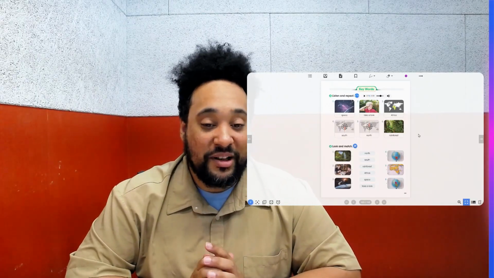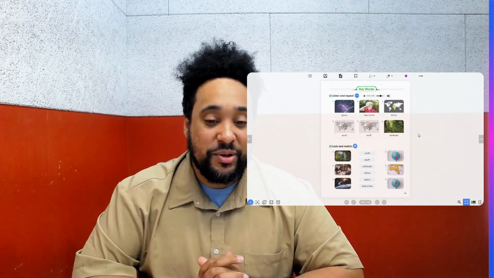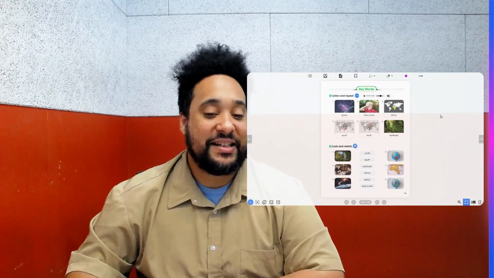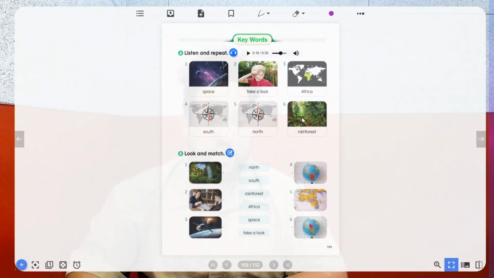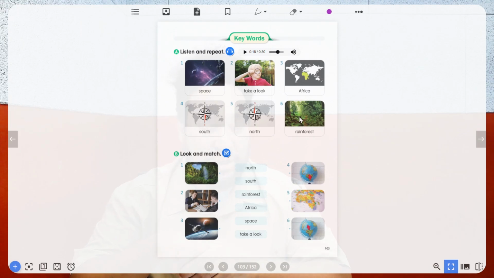So we've practiced the vocabulary together. And now what I would like you to do is complete the activity at the bottom of the page. So we have some pictures, the vocabulary pictures. They look similar, but they're not quite the same as our vocabulary pictures above. I would like you to match the picture to the word.